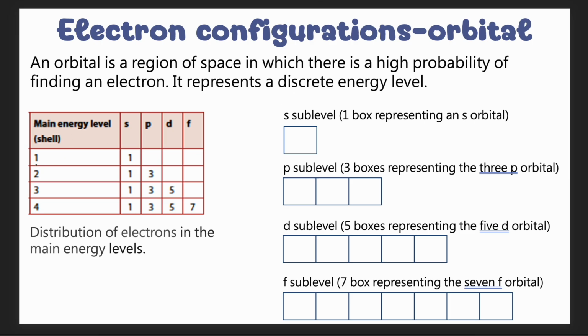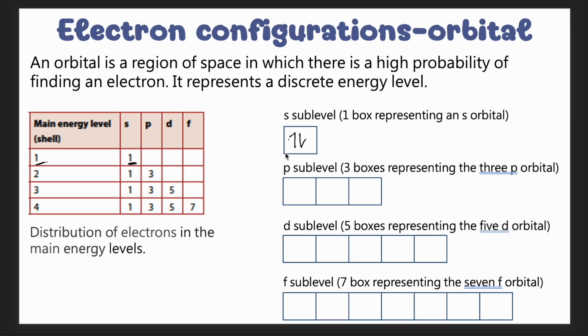So the first energy level has the sublevel s, so it has 1 orbital. An orbital is a region of space in which there is a high probability of finding an electron. It represents a discrete energy level. So there are 2 electrons that can be here.